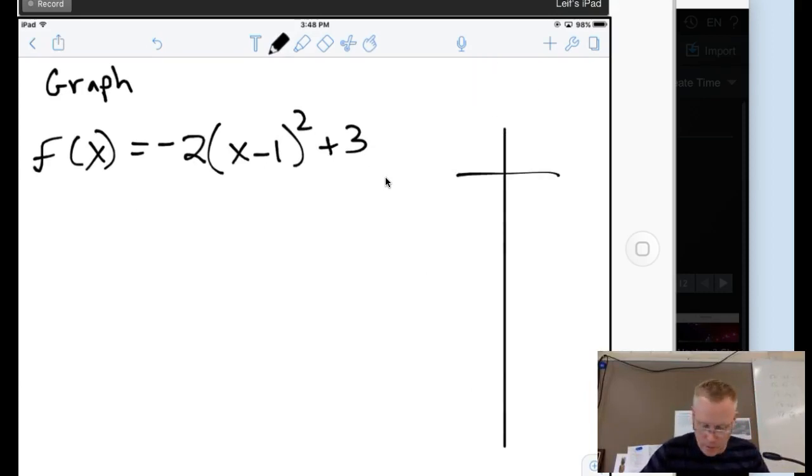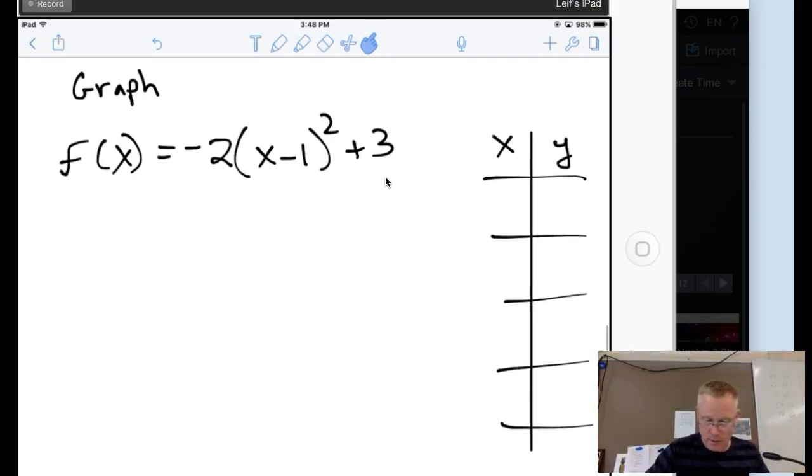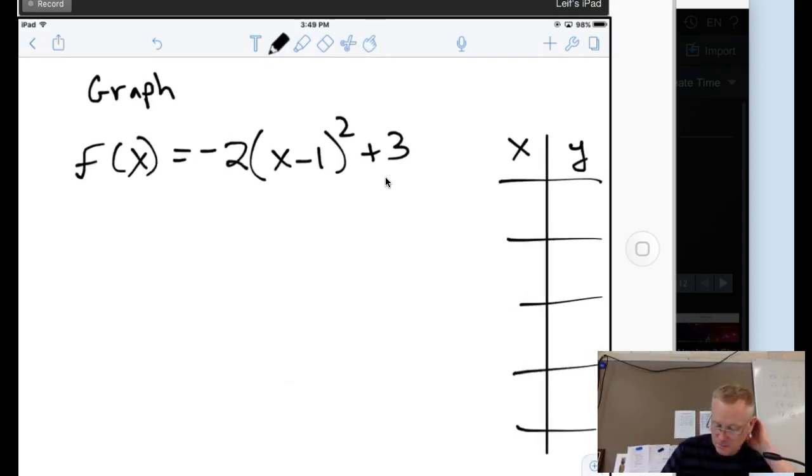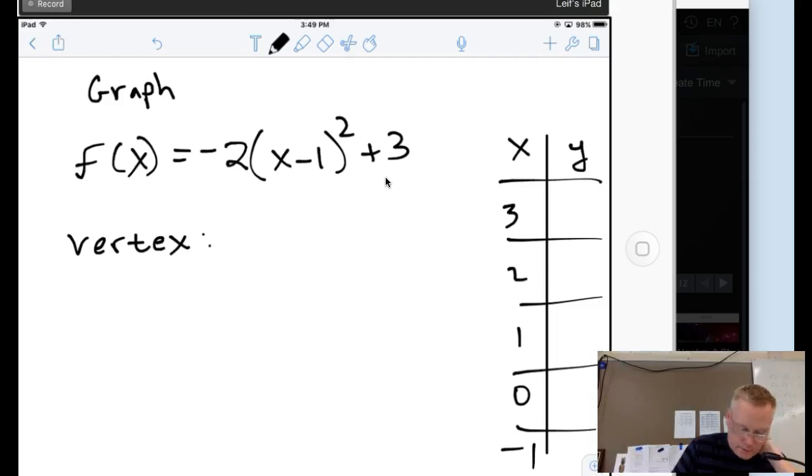I'm going to give you an x and a y. I want you to plot out some numbers. If you don't have a graphing calculator, you can pick numbers like 1, 2, 3, 0, -1. What I would also like you to list for me: I want the vertex. I want to know, is it a maximum or a minimum? I want the domain.